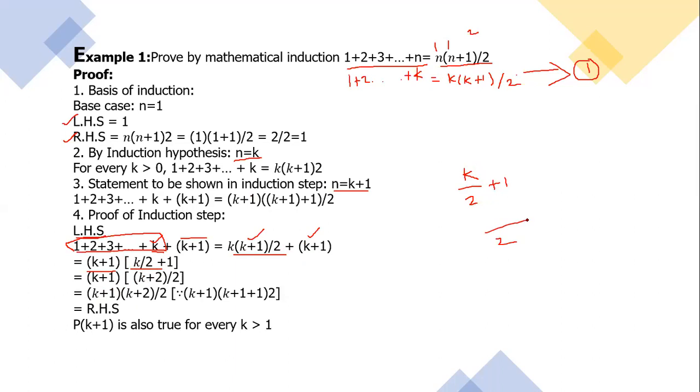I can take this as 2, and here k and k plus 1. Take the LCM as 2 like this. K by 2 plus 1, then k plus 2 divided by 2.